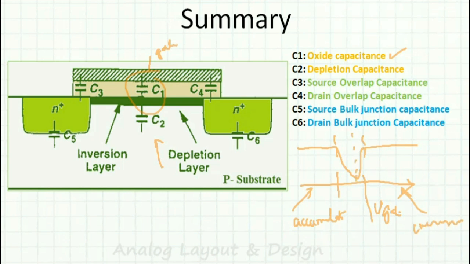And once the voltage reduces lesser than V flat band, or it increases more than V flat band, we have what is known as the depletion region. And then once it goes more than 0 and less than VTH, that time it is called the weak inversion. And this is how the oxide capacitance varies. It is not the same all the time.